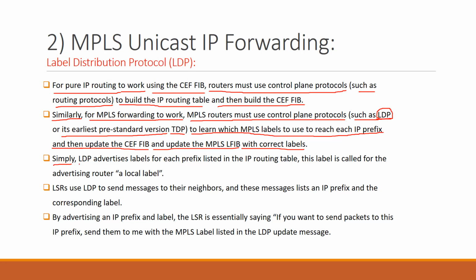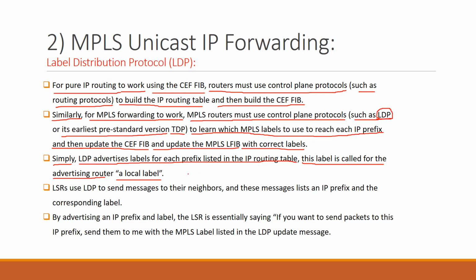Simply, LDP advertises labels for each prefix listed in the routing table. This label is called, for the advertising router, a local label. What this means is, if an MPLS router or LSR learned a new IP prefix, what should the MPLS router do?